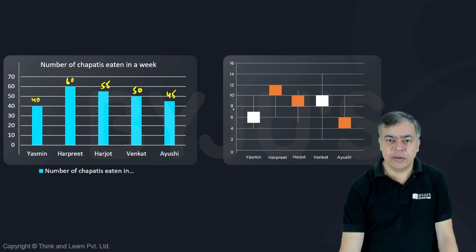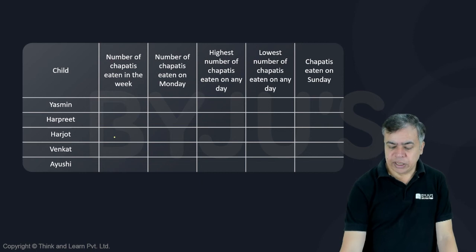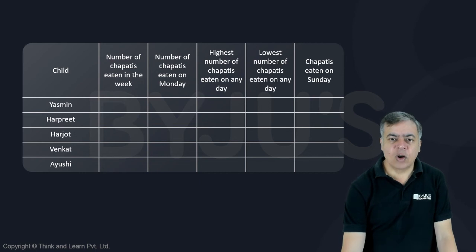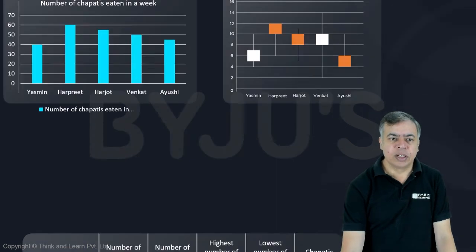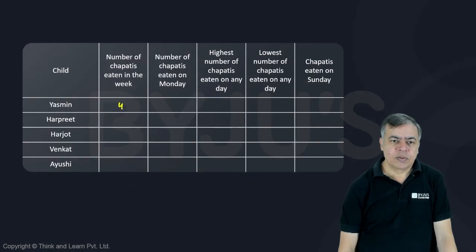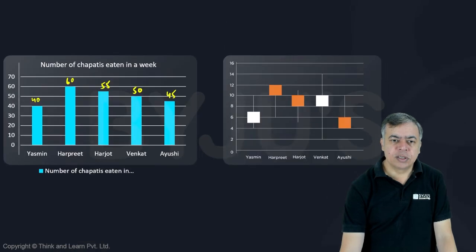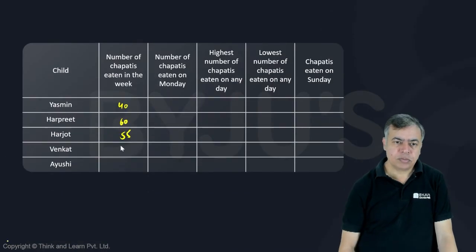For Yasmin, the total number of chapatis eaten in a week, I will fill in all the data in the table. So it is 40, 60, 55, then 50 and 45.